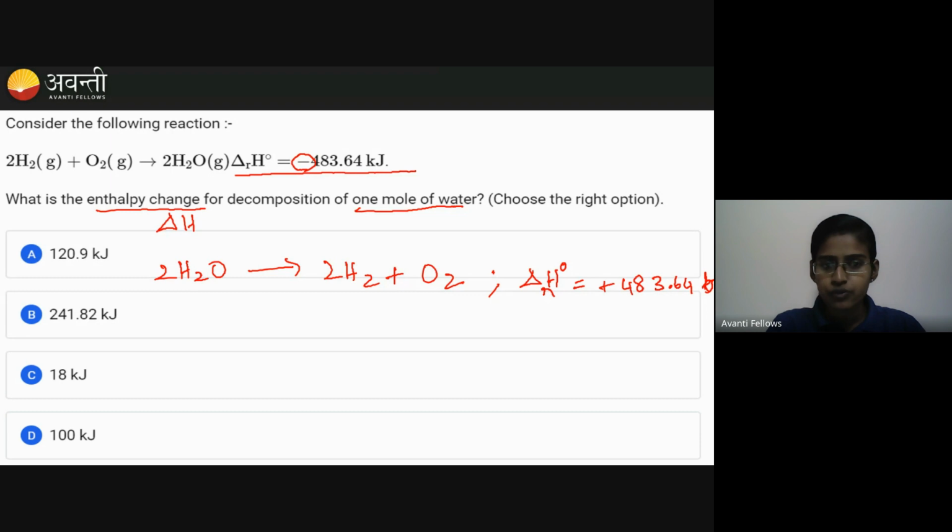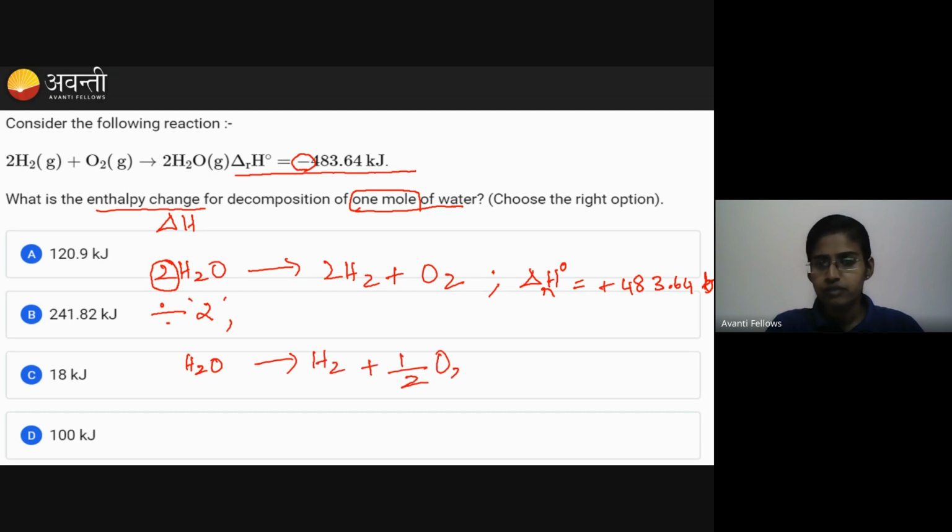Now, we have to find for 1 mole of water, right? Here the decomposition is for 2 mole. Now, if I have to convert this to 1 mole, what I have to do? I have to divide the whole equation by 2. If I divide by 2, I will get 1 mole of water here and 1 mole of hydrogen and 1 by 2 of oxygen. Since I have divided this equation by 2, I have to divide this delta H R naught value also by 2.